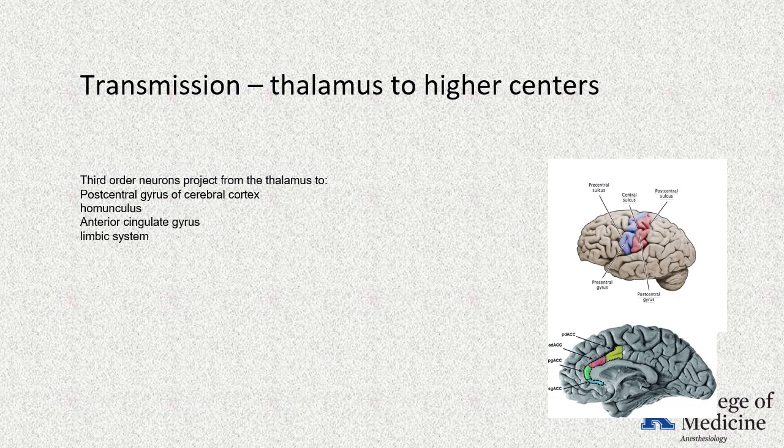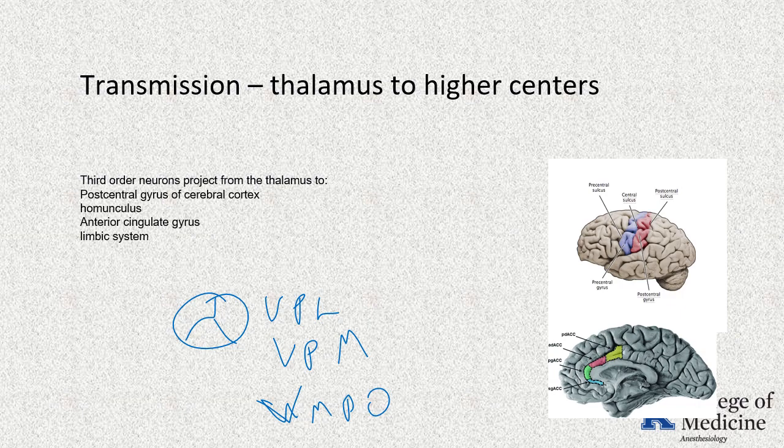And we've already touched on this, but of note, from the thalamus of the brain and its corresponding nuclei, these then go to different areas of the brain for conscious perception.